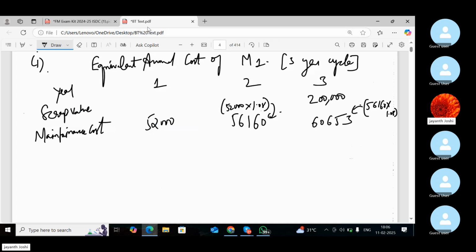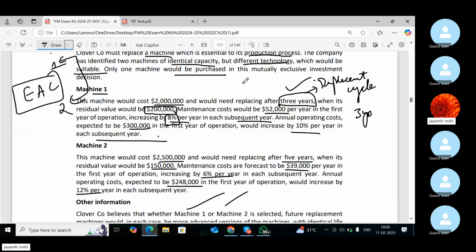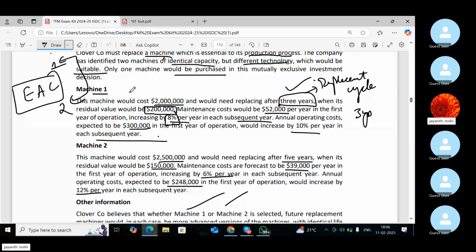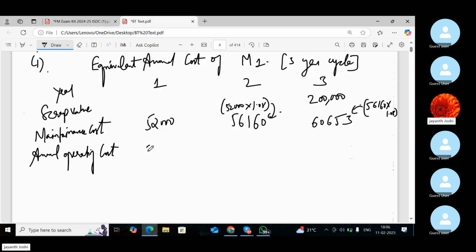Now the next cost they have is the annual operating cost. That is going to increase by 10% every year. So 300,000 in the first year, and with 10% increase it is 330,000. 330,000 into 1.10 is 363,000.